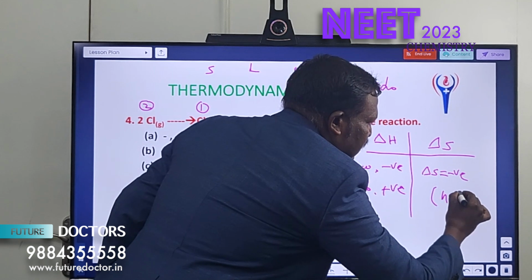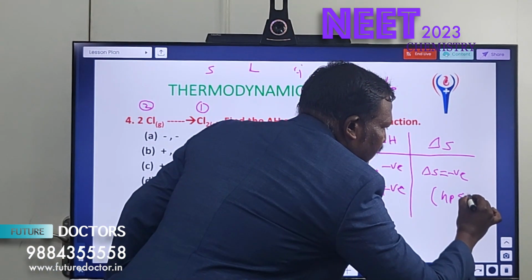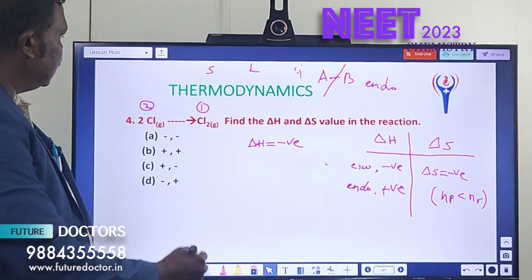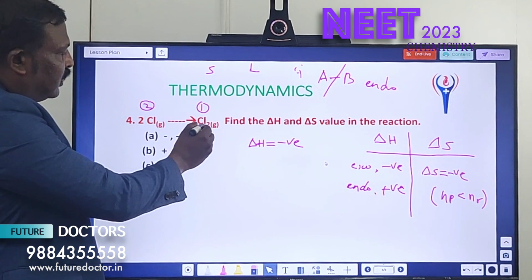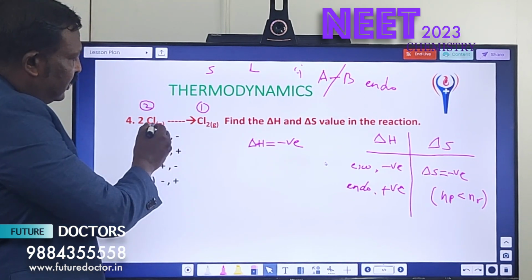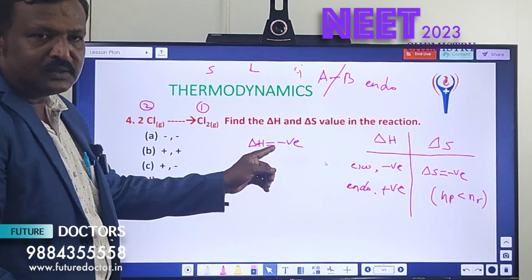The number of moles of product is less than the number of moles of reactant, so again entropy decreases. Here atoms become molecules, the bond is formed, and whenever a bond is formed, del H is negative.